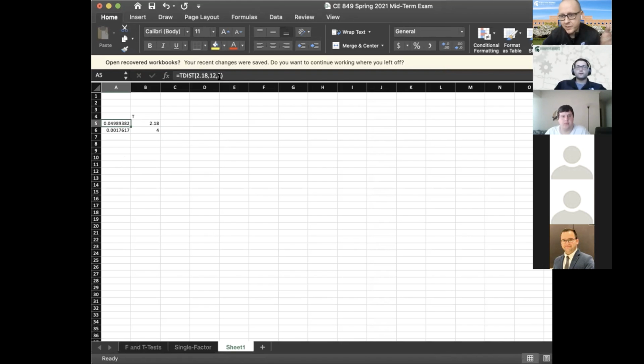In this, you specify whether it's one-sided or two-sided. That's for the equals T.DIST command. There's also an equals T.INV command.